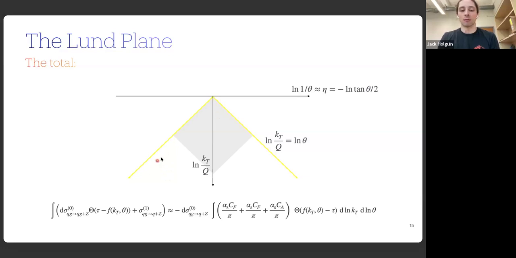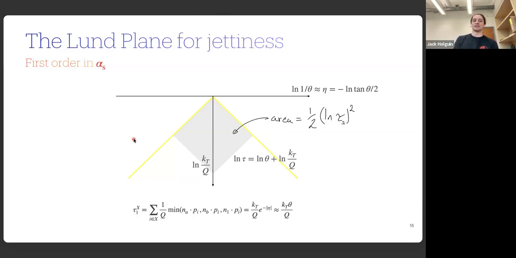So the observable was saying we are measuring everything down here, and we can calculate that by just looking at the Lund plane diagram by just integrating the opposite region here with the loop. Okay, so if that's hopefully clear, let's now go on to precisely the one-jettiness.